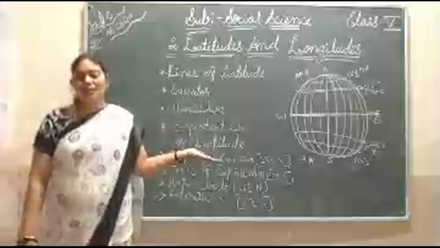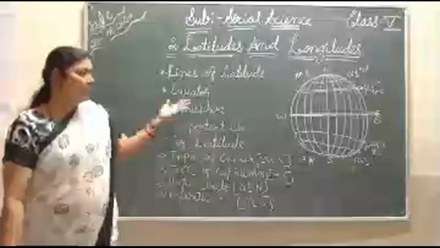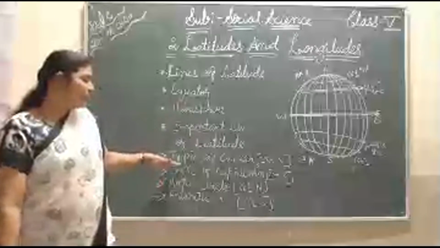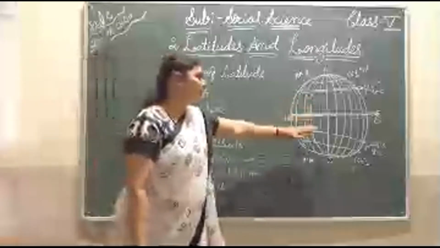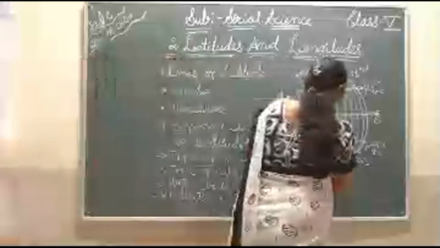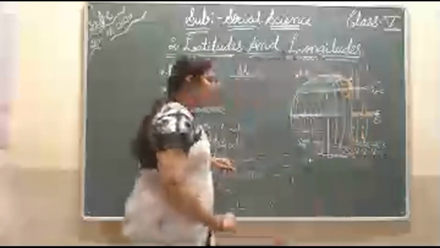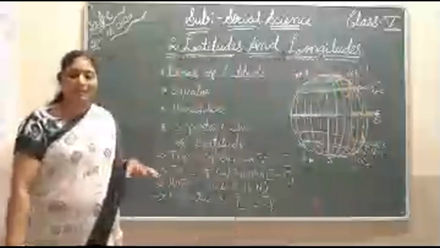And again here many important lines are there: Tropic of Cancer, then Tropic of Capricorn, then Antarctic Circle, then Arctic Circle up. So this way we can say them.